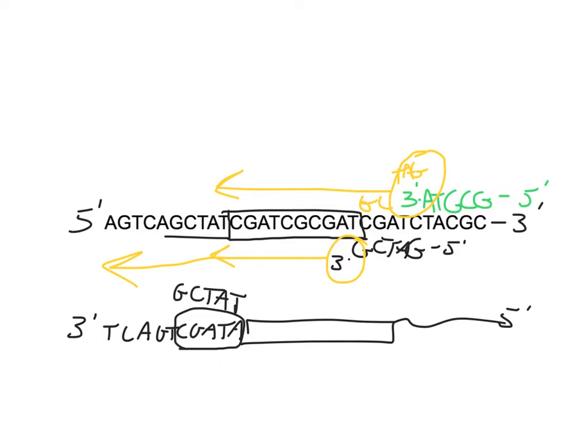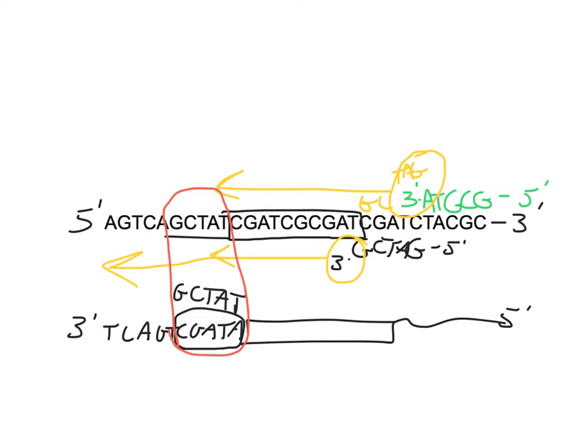This next step you should always do for these is to write out the sequence of the other strand. Those are your two template strands. So I'll give you the top strand. You write out the other strand that's complementary. And then I design the primers to be complementary to those sequences. And as you just pointed out, the primer sequence is going to be identical to the sequence of the strand that you're not using as a template strand.